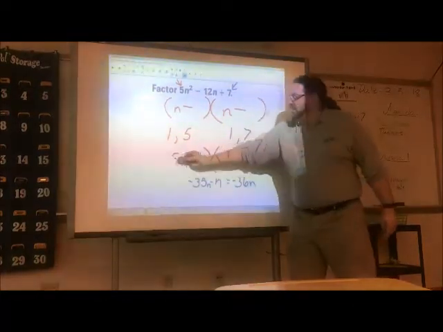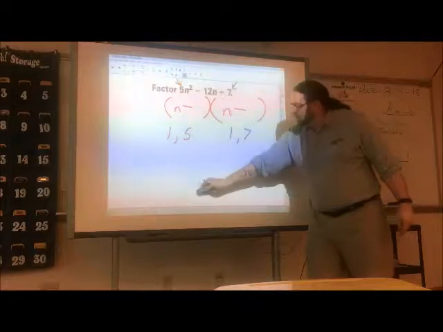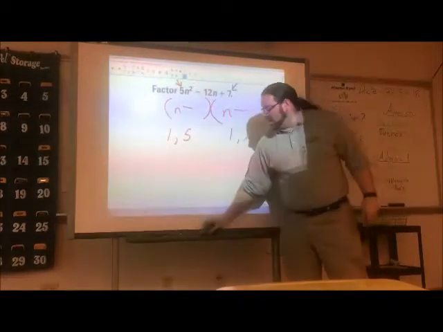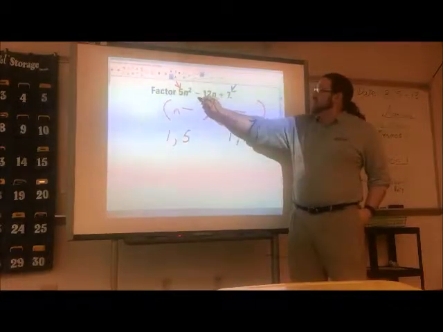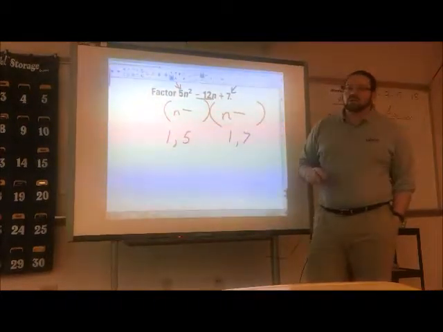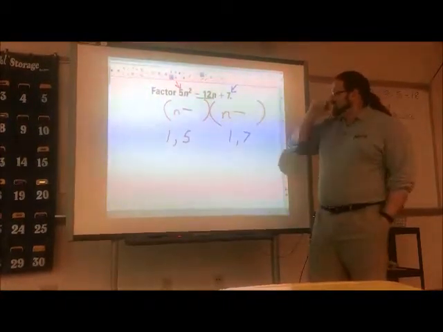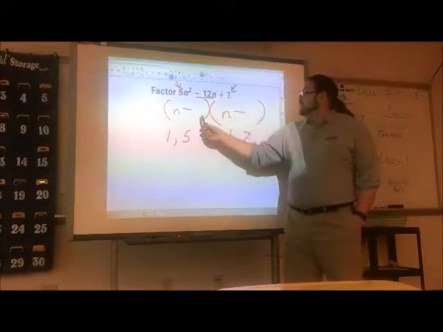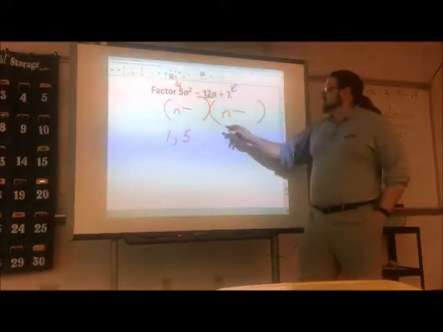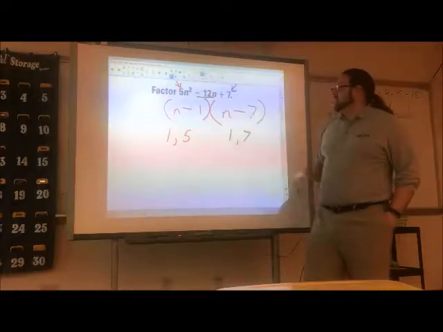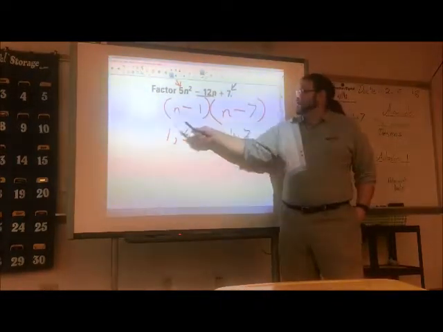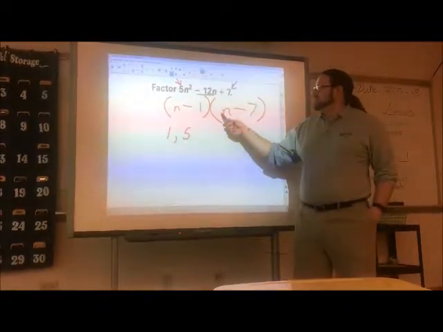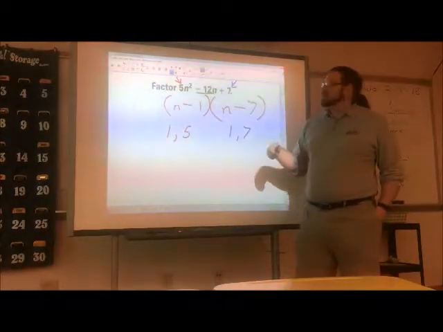We have to think about this in terms of what numbers should I put together to get me to this middle number. That -12 is my goal. Okay? So obviously we know that 1 and 7 is going to go in the back somewhere. So let's put 1 and 7 in. The question is, do I put the 1 here and the 5 here, or do I do it vice versa?